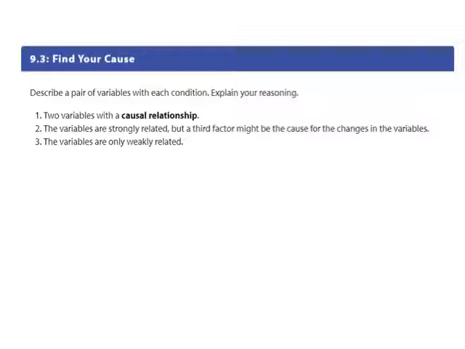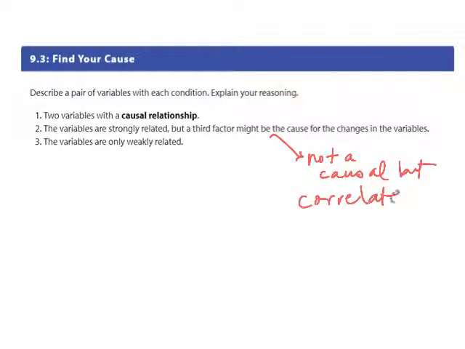And the third one is two variables that do not have a relationship at all, so they're not correlated at all, or only weakly related. So the first one is a causal relationship. The next one is not a causal relationship but correlated. And the last one is no correlation at all. Go ahead, pause the video and give it a try, and then I'll give you some examples that I found.